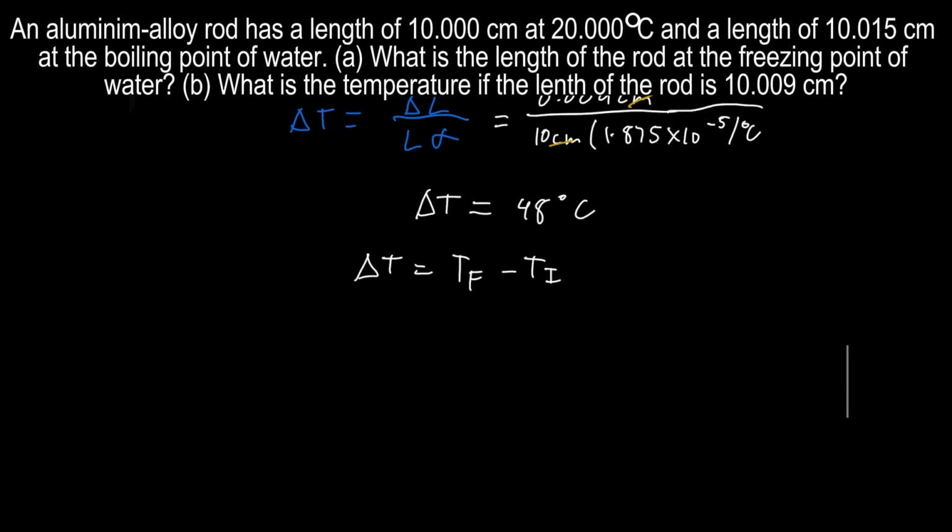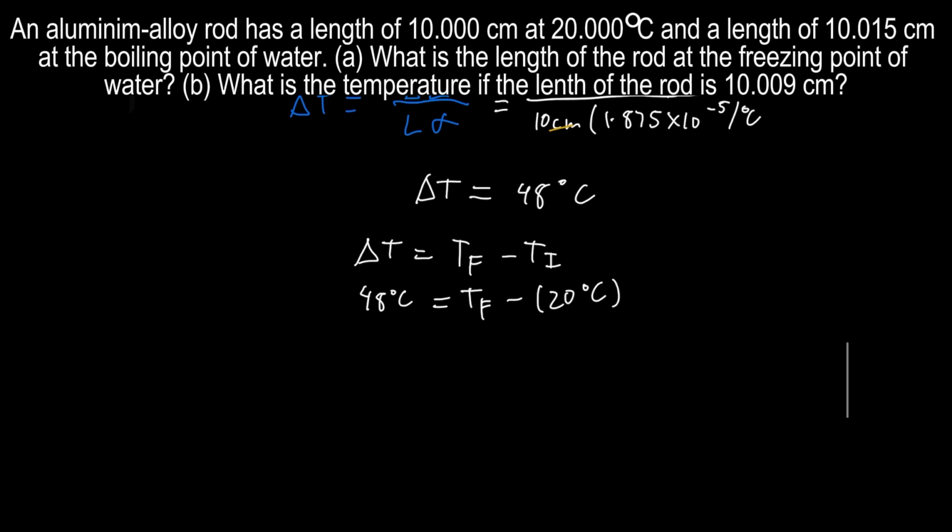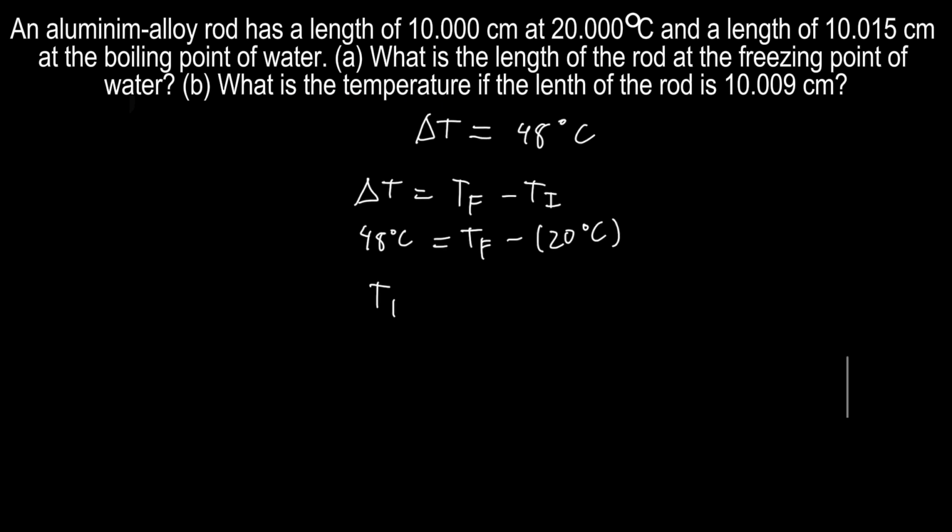So we now have a value for change in temperature, which is 48 degrees Celsius, is equal to the final temperature, which is unknown, minus the initial temperature, 20 degrees Celsius. Then we can now solve for the final temperature, which is 48 degrees Celsius plus 20 degrees Celsius, and our final answer would be equal to 68 degrees Celsius.